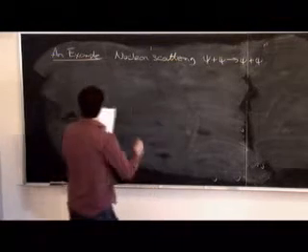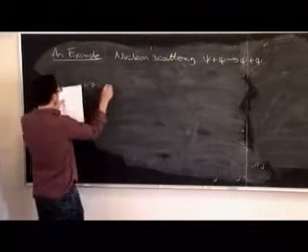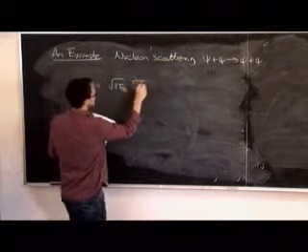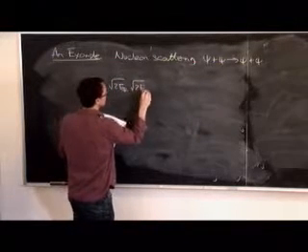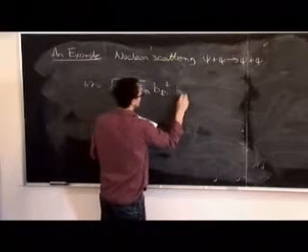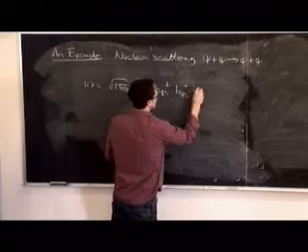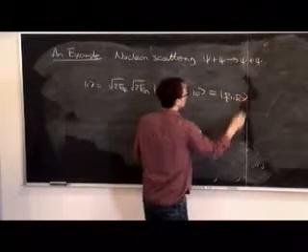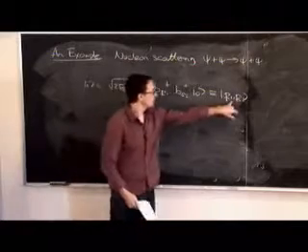So what does this mean? It means that I've got some initial state which consists of two nucleons, which I'll give momenta P1 and P2. I'm going to write my initial state in this way.